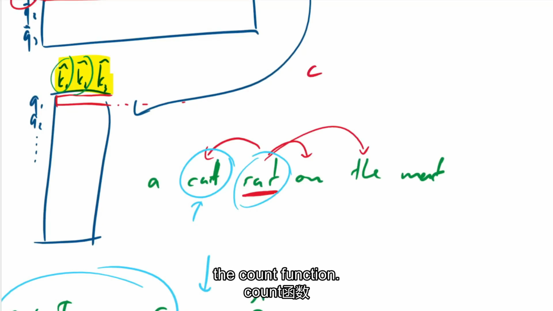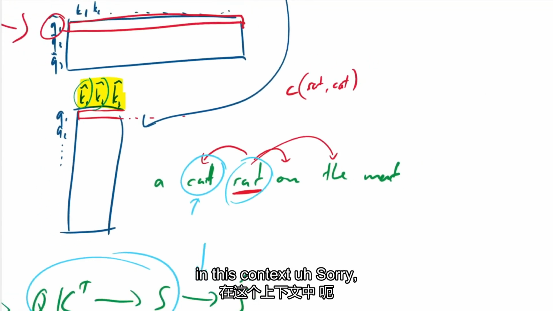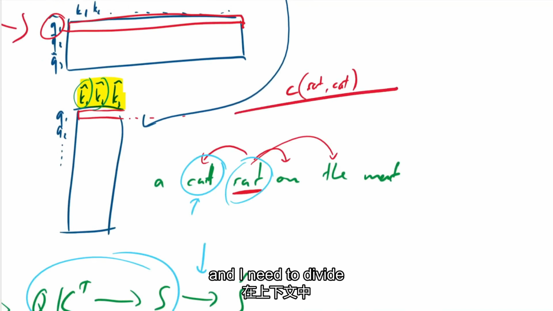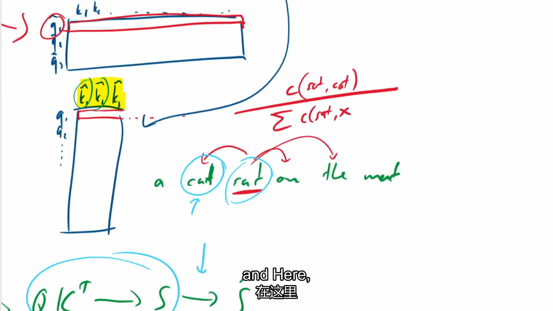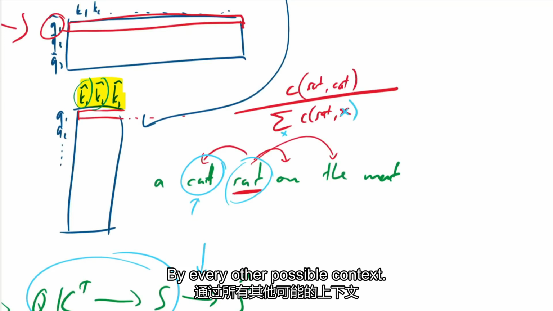Let's say C is the count function. I need to know how often sat and cat appear together in this context, and I need to divide it by everything else that the word sat could appear with, right? By every other possible context.